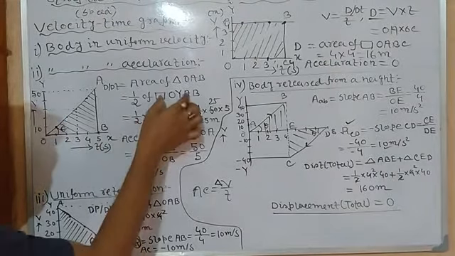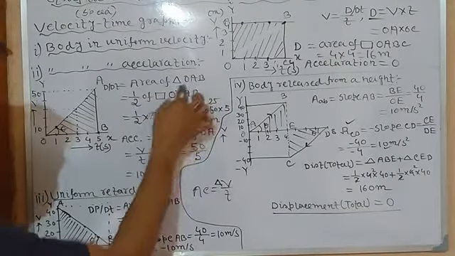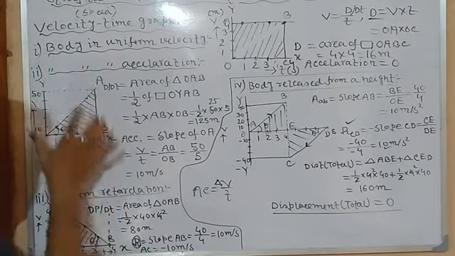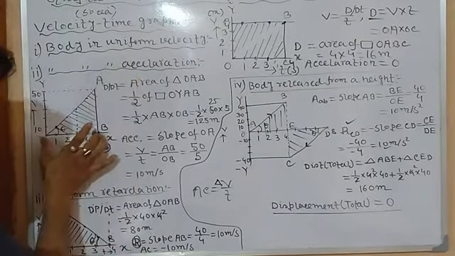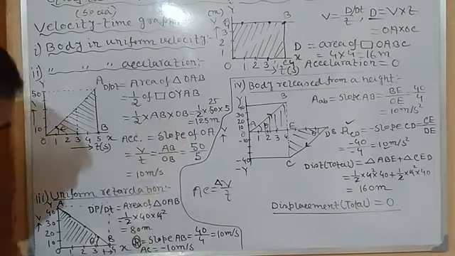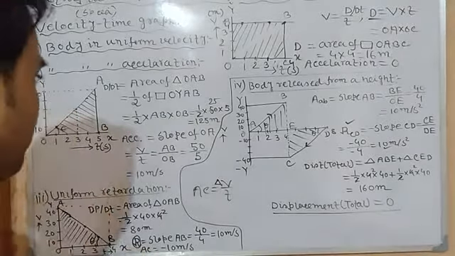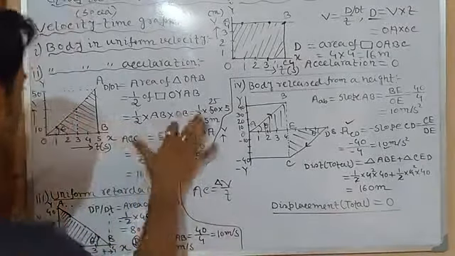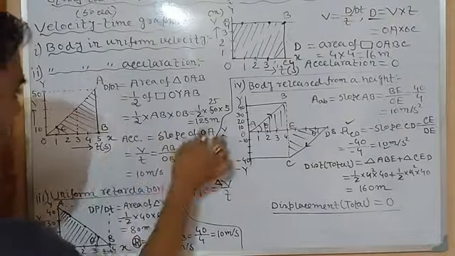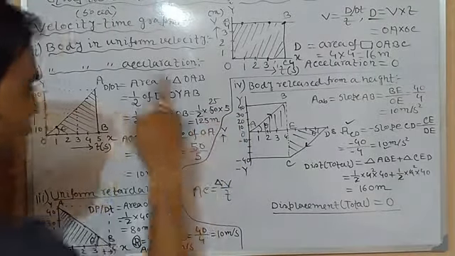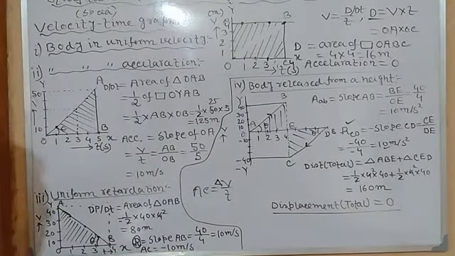What is the area of a rectangle? Length into breadth. We all know the area of a triangle is half base into height. So AB equals 50, OB equals 5. So we get 125 meter. This is displacement. Now what is acceleration?